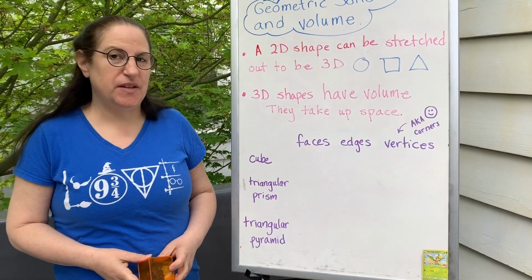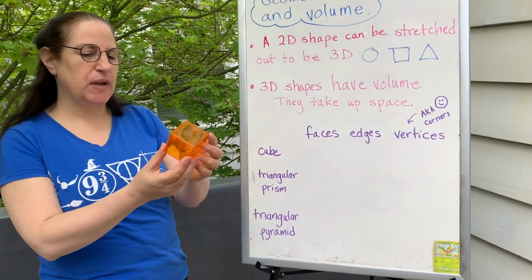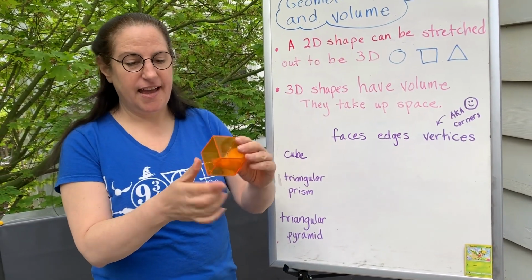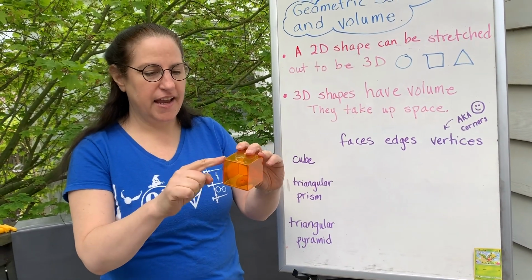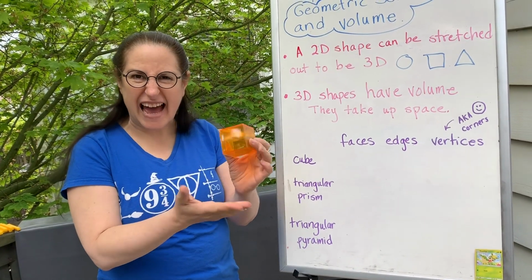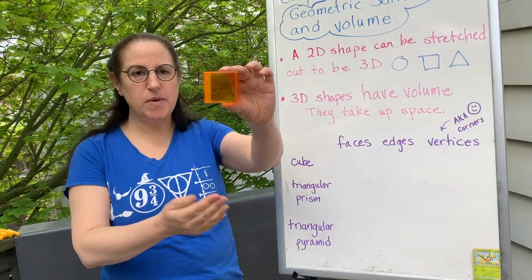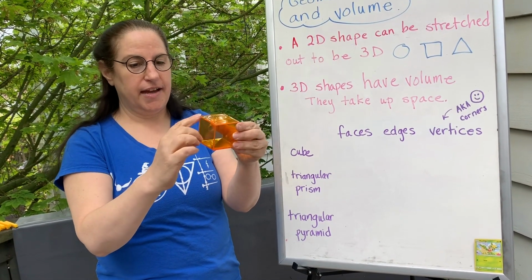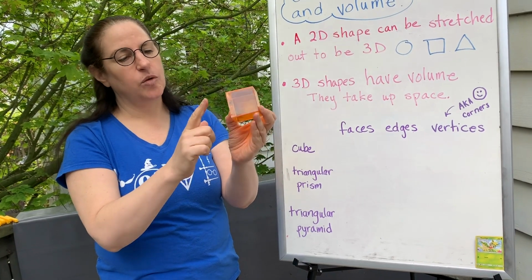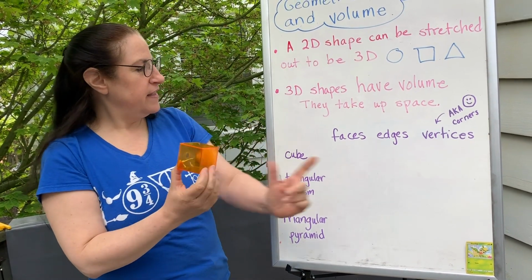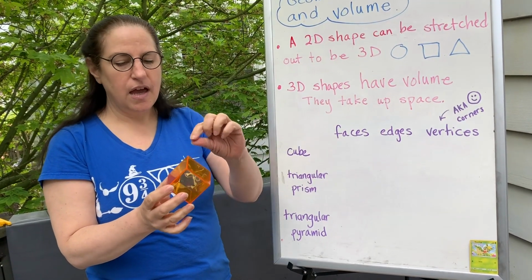When we talk about geometric solids, we have some special vocabulary that we use. Geometric solids have faces and edges and vertices. Faces are two-dimensional and flat, so with a cube, all of the faces are square. And edges are where 2 faces meet, and vertices, that's a fancy word for corners.